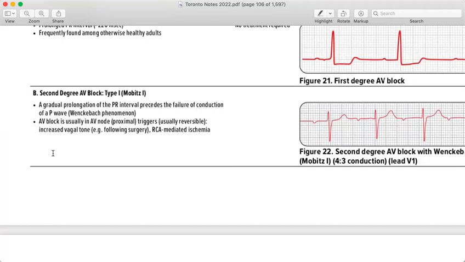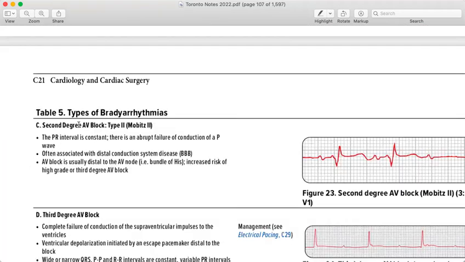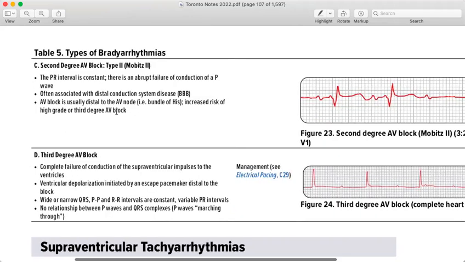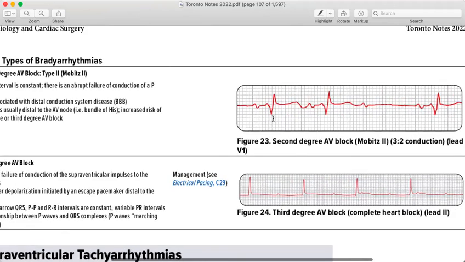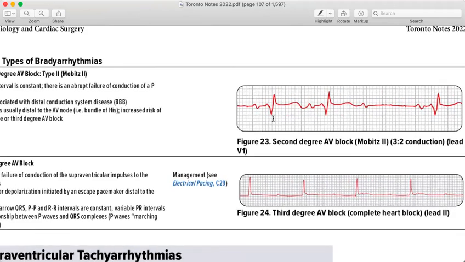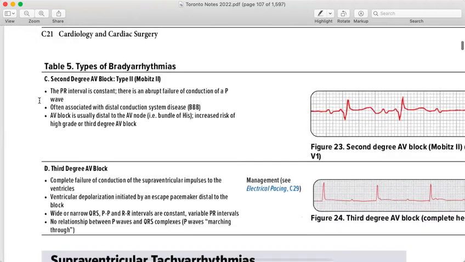Just remember this one. Then coming to the second degree AV block type 2, what happens is there is an abrupt failure of the conduction of the P wave. In this one, more frequent dropped waves will be there. After every 3 or maybe after every 2, there will be one drop. So 3 into 2 ratio. The PR interval is the same. PR interval is constant.